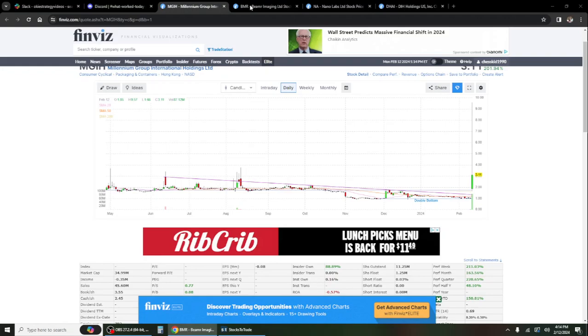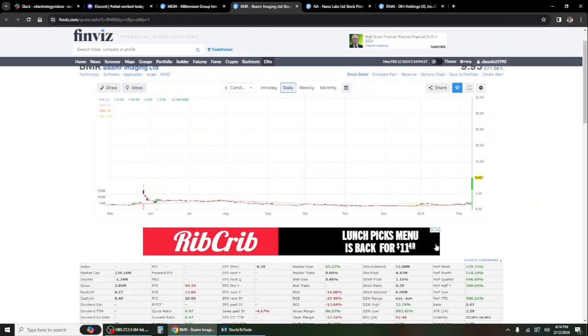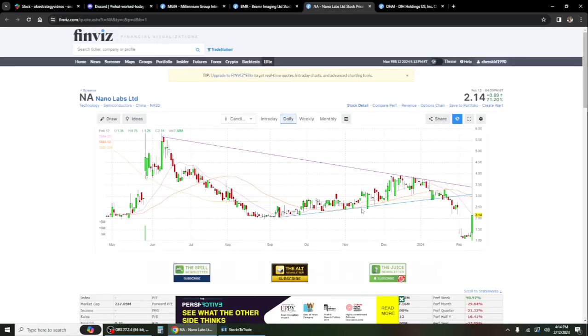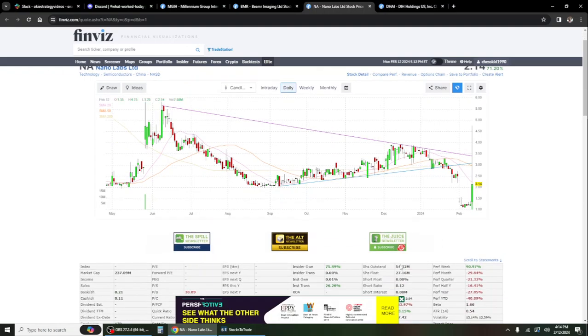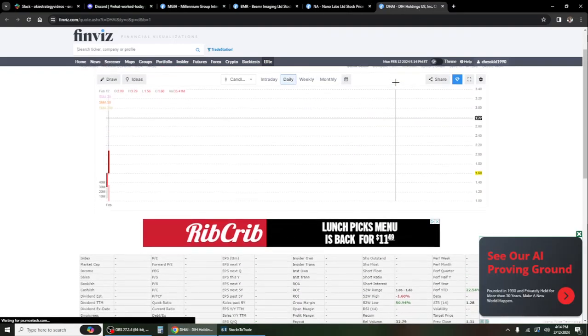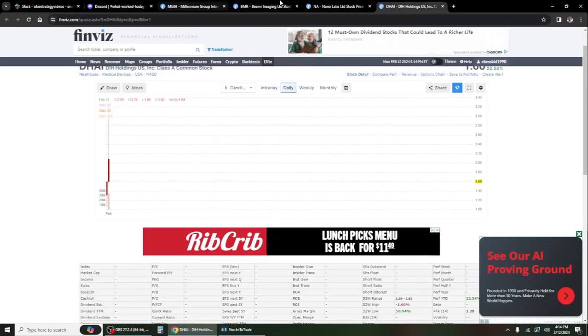BMR, what's your float? 4 million, so another under 10 million. Come on, computer. Ridiculous. That one's 27 million, so not quite low float. I don't know what float that is.